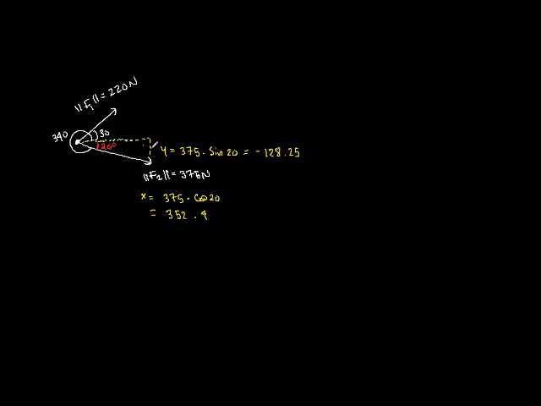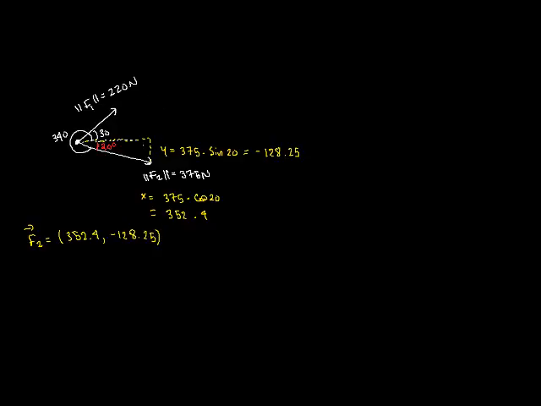So these are the components now of F2. I'll write that down over here. F2 vector equals, x component is 352.4, and the y is negative 128.25.